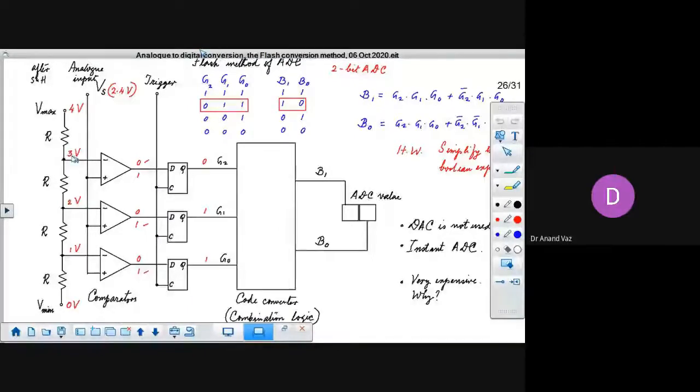The more divisions we have, the more bits will be needed. Further, the signal which is to be digitized is compared with these levels so that you can identify the level.